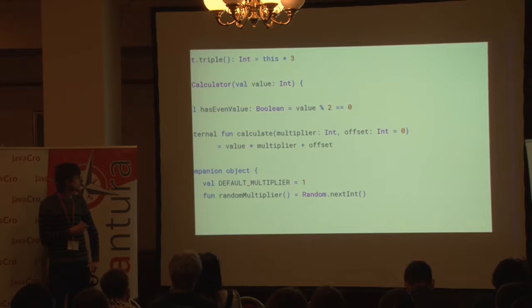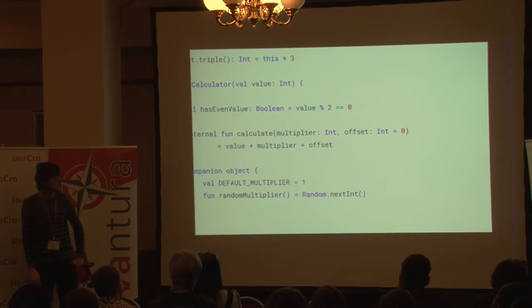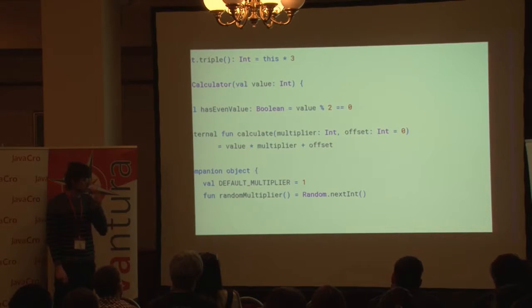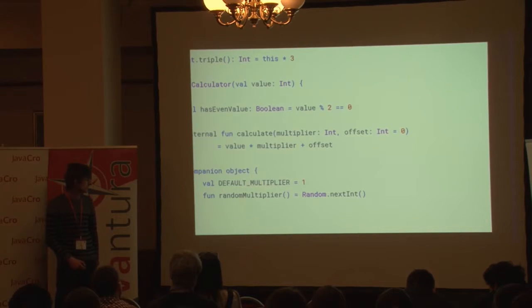Next we have a calculator class that has a property, hasEvenValue, and then one internal calculate method, and here we have another Kotlin specific thing, which is a default parameter value for the offset parameter, which is set to 0. Then we have a companion object which has a defaultMultiplier property and a randomMultiplier function.